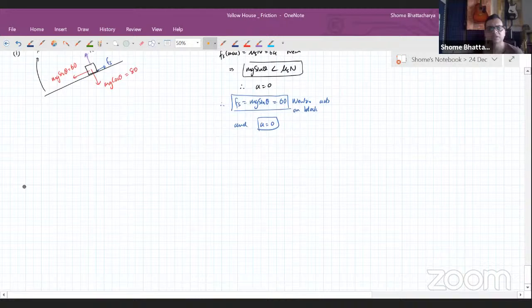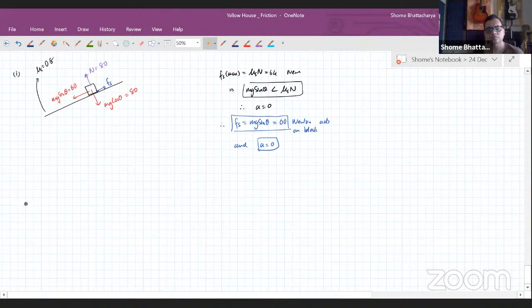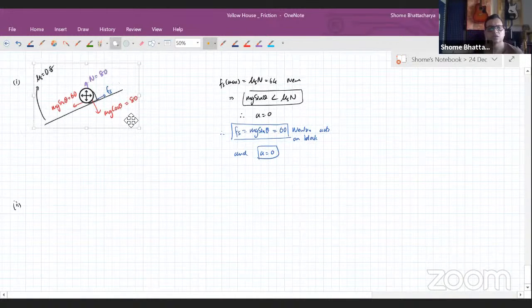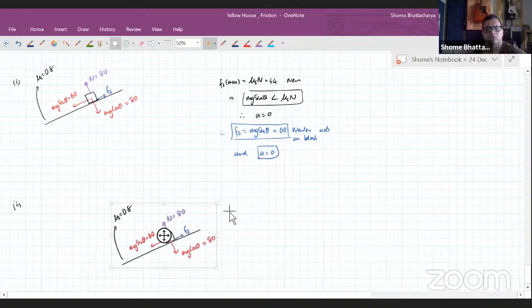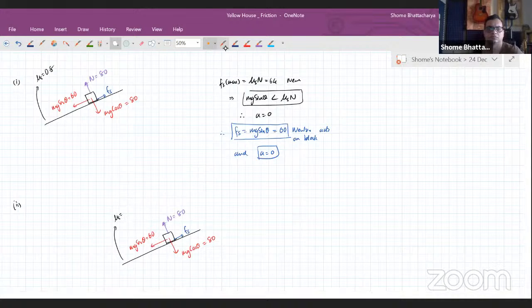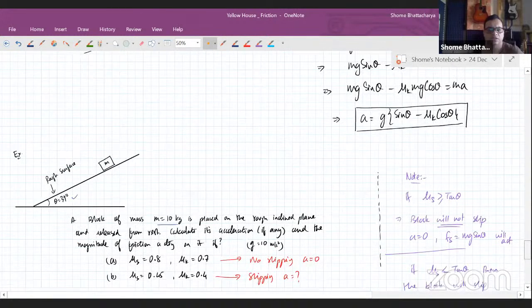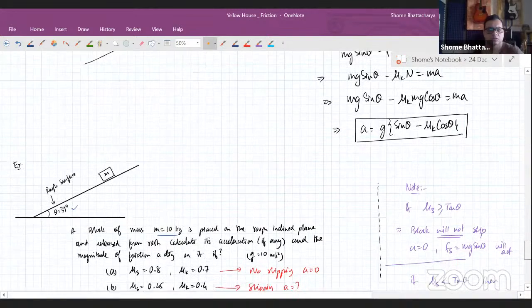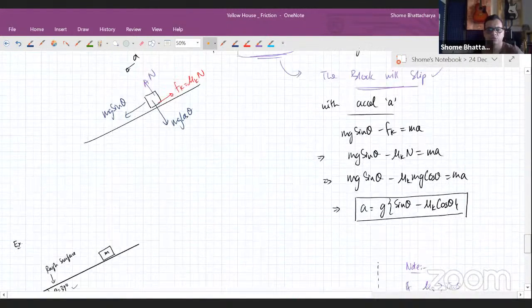Now same thing if we repeat in the second part, you can see that the only difference now is that the coefficient of static friction is a lot less. In this part the coefficient of static friction was 0.45 and kinetic friction was 0.4.